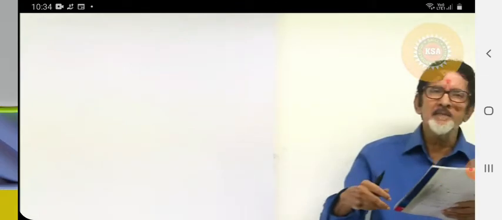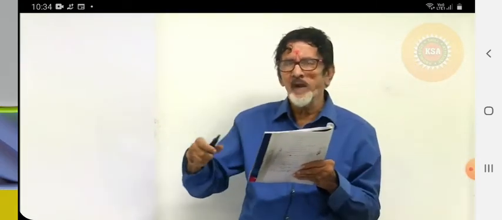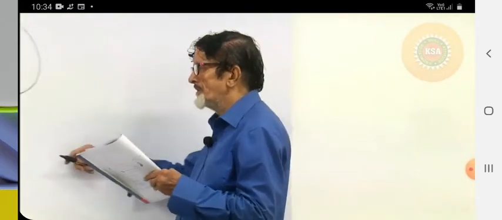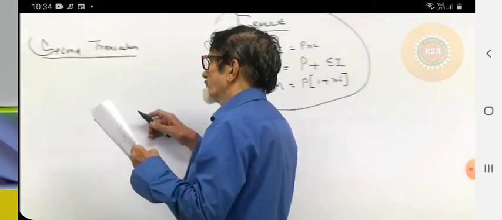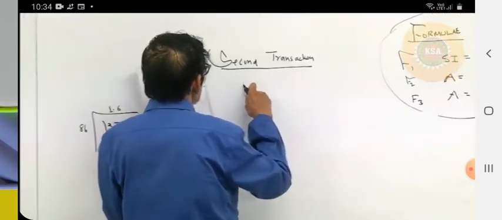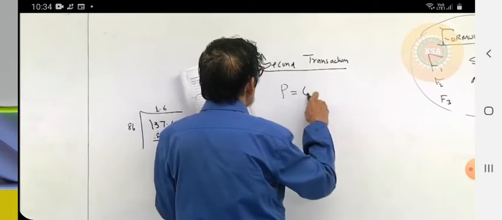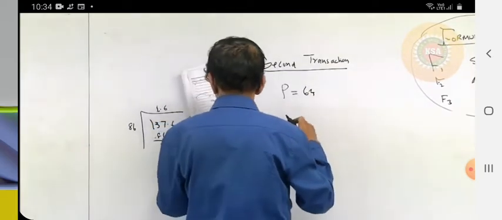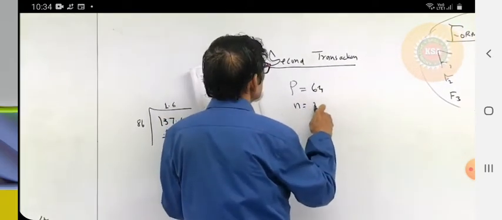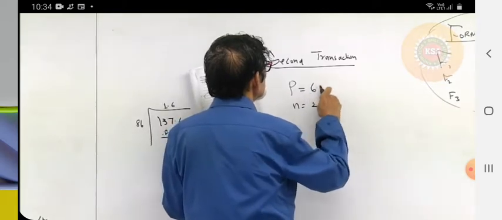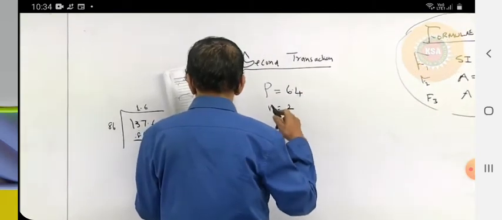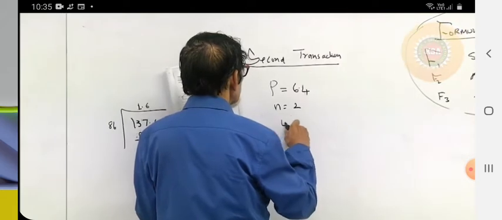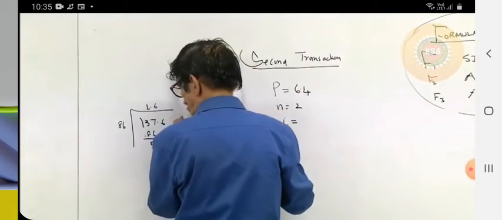What does 64 become? Principal is 64. Principal 64 given in 2 years. Same rate of interest. I value.